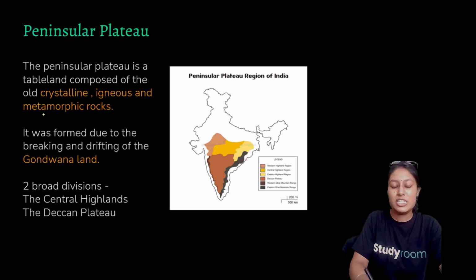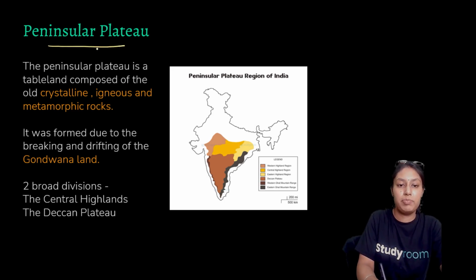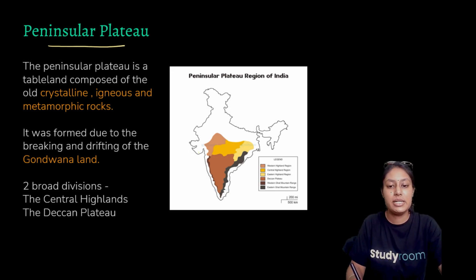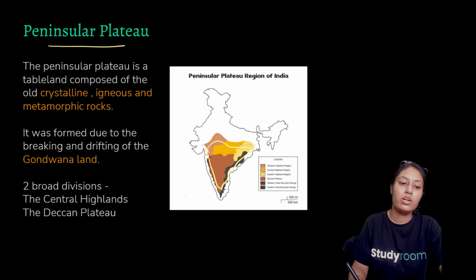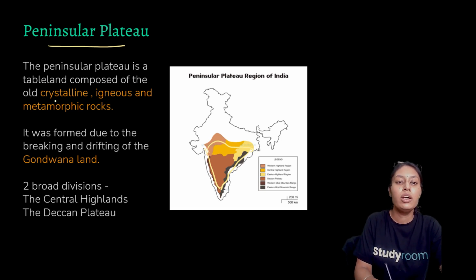Our next part of the same second topic is Peninsular Plateau. Basically, Peninsular Plateau is this region where you can see the triangle part, the Gondwana land region, the oldest region. It is a tableland composed of old crystalline, igneous, and metamorphic rock.